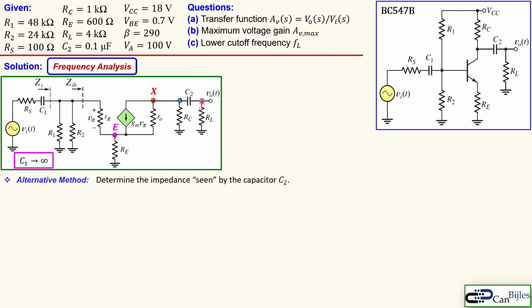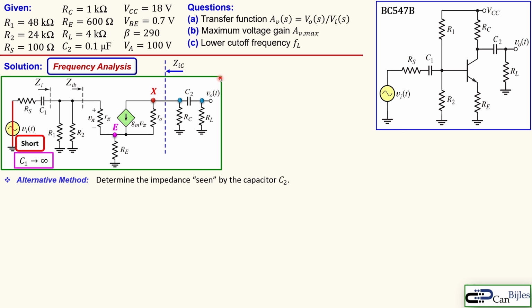So what is the impedance seen by the capacitor C2? First we short the input, or we disable the input, so that's actually the VI is going to short. And this is also short, so we actually have an effective RS, R1 and R2 in parallel, in series with R pi. That's actually the complete branch looking from the emitter node all the way to ground here. That is the effective part here.